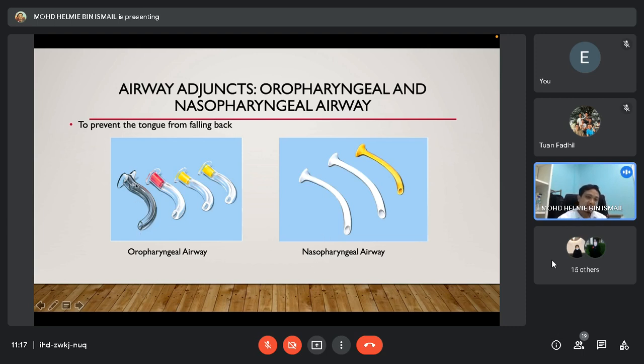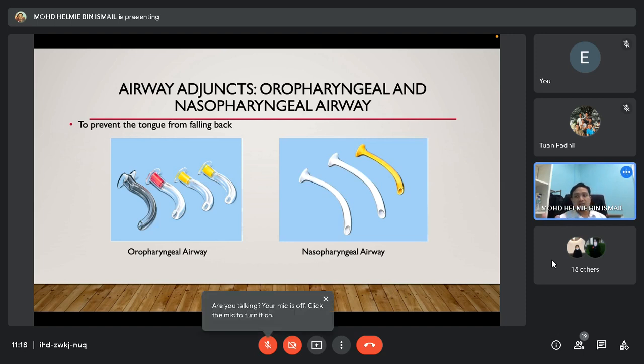How to measure the correct size? For the oropharyngeal airway, you need to use this mnemonic: hard to hard, soft to soft. If you want to measure using hard to hard, you measure from the incisor, which is hard, teeth are hard, to the angle of mandible, which is bone, hard to hard.